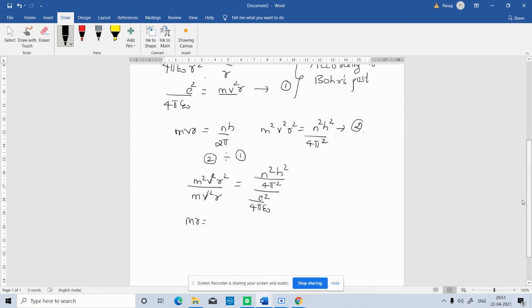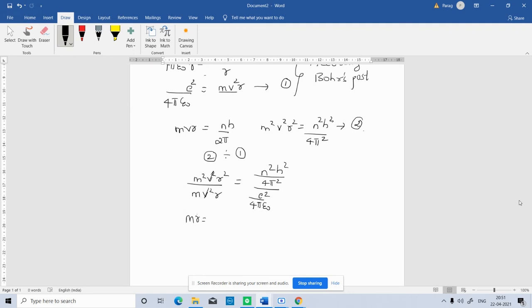What we are going to get is n square h square divided by 4 pi square, into this entire stuff goes up and becomes inverted: 4 pi epsilon naught divided by e square. So 4 and 4 get cancelled, pi and pi get cancelled, we remain with pi here. And we shift this m down.